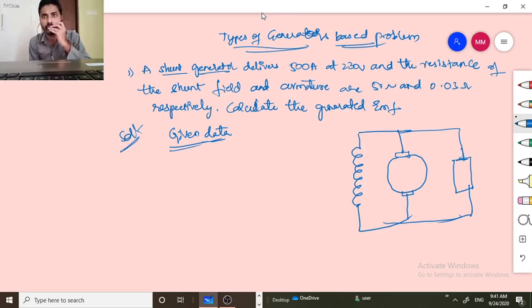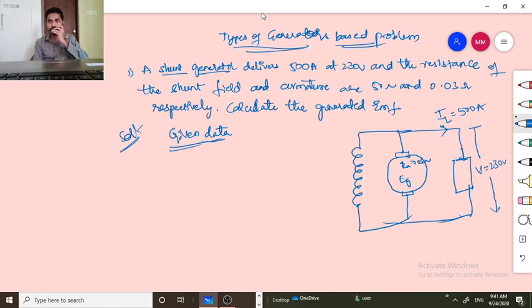Here armature resistance is given as RA equal to 0.03 ohms, and we need to calculate EG. The generator delivers a current to the load, which is IL. So load current is equal to 500 amperes. The load voltage is given as 230 volts, and the resistance of the shunt field is 50 ohms, so you need to represent all this.